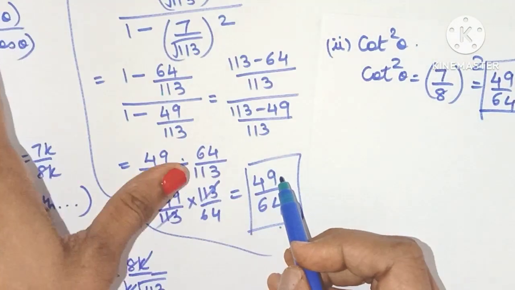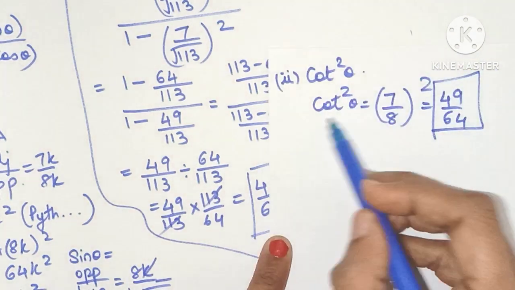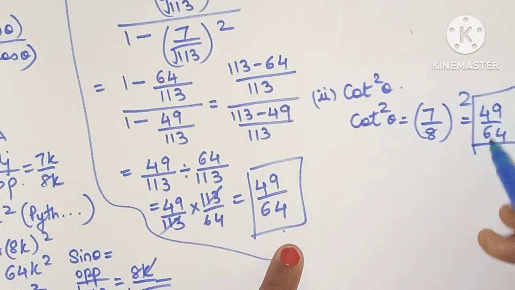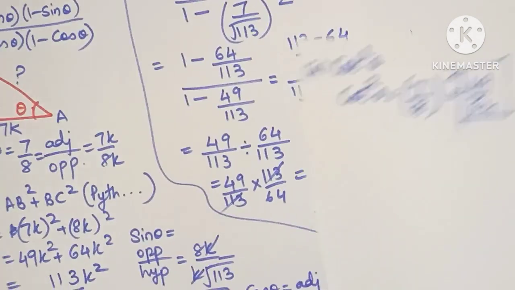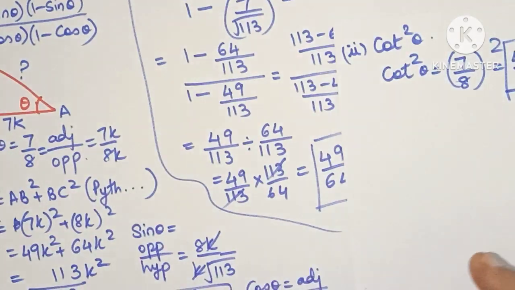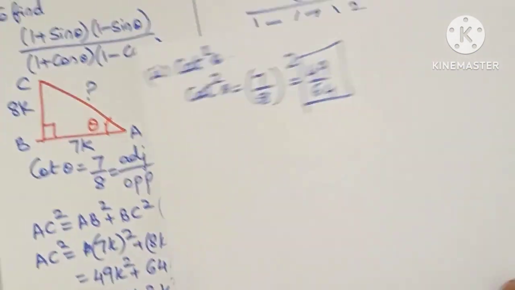See friends, this is amazing because this whole expression was also equal to 49 by 64 and cot square theta is also equal to 49 by 64. So I think they gave this to you on purpose so that you observe these small patterns, because that will be helpful when you proceed in the chapter. So this is the answer.